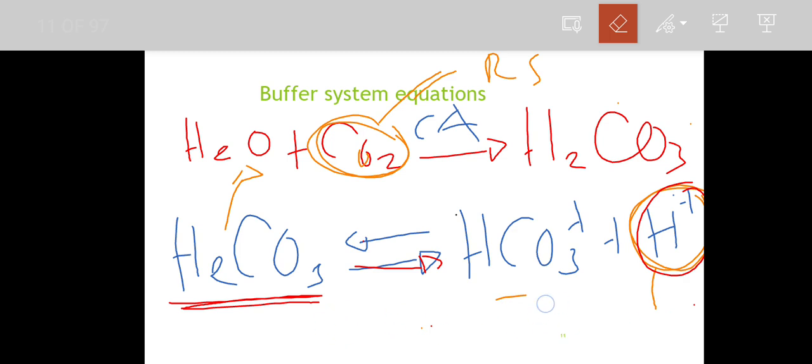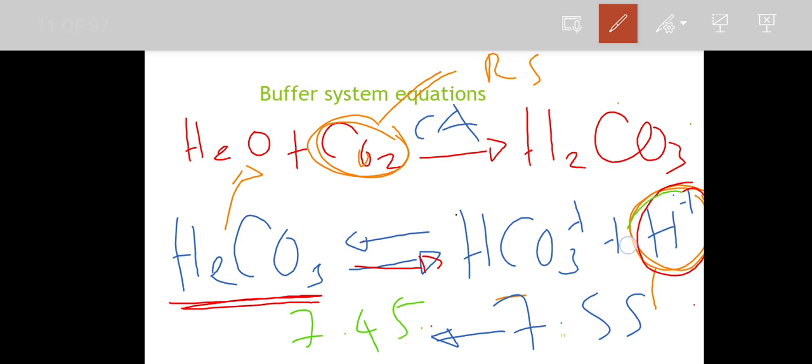If the pH was somewhere around 7.55, it's going to reduce it and return it back to 7.45, because hydrogen ions have come. Hydrogen ion is an acid. So acid has come and brought this back to its usual state.